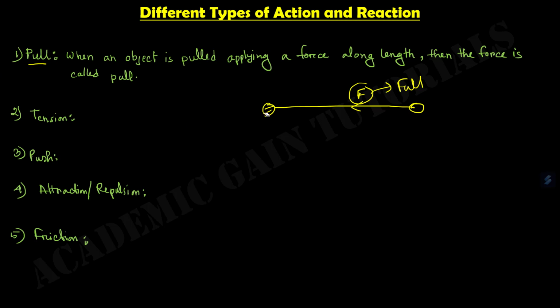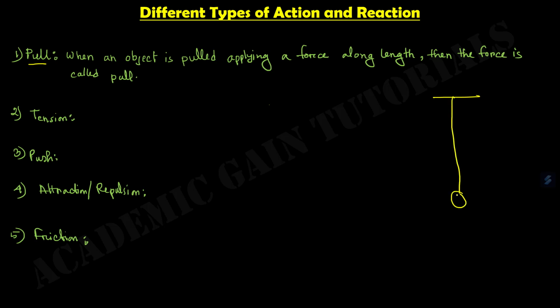Now coming to the second one, which is known as tension. So what is tension? Suppose an iron ball is fastened at the end of a thread.